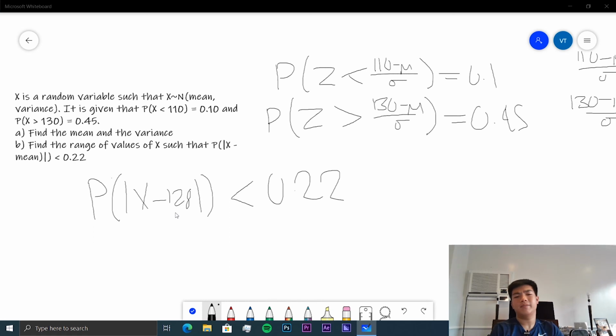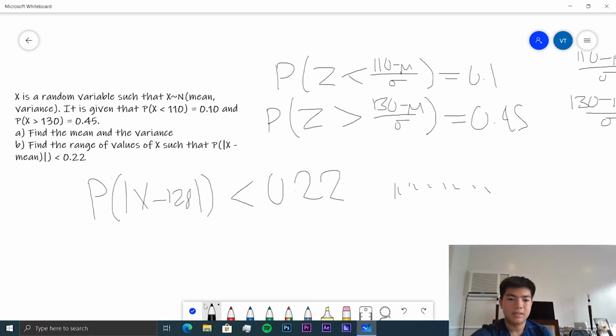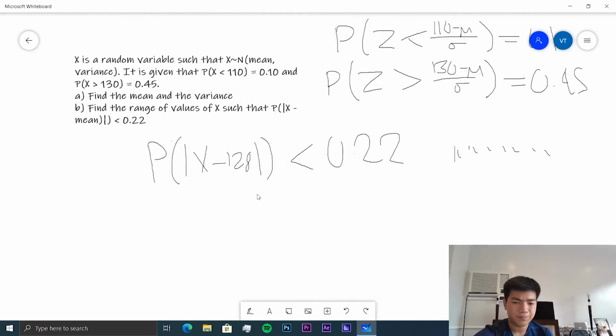Okay, so assume that x is just evenly distributed, a random continuous variable.